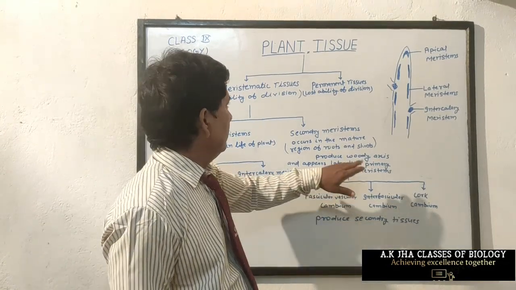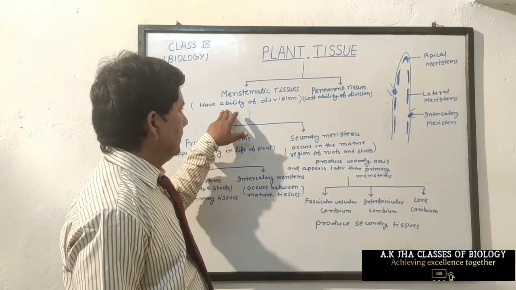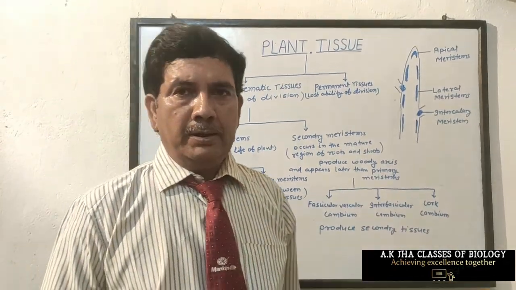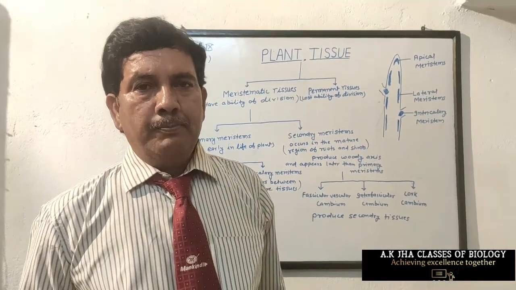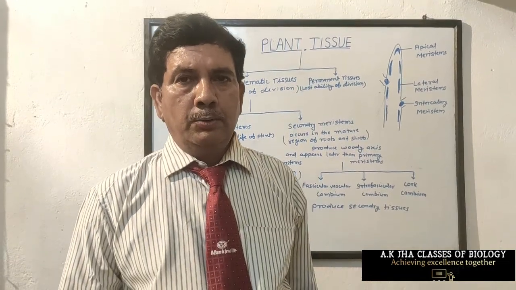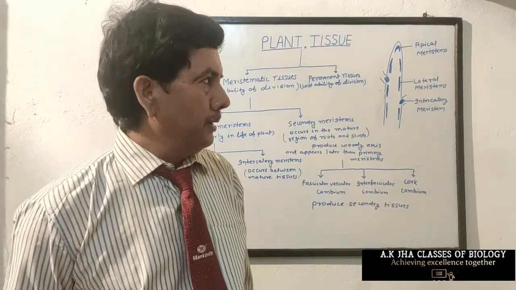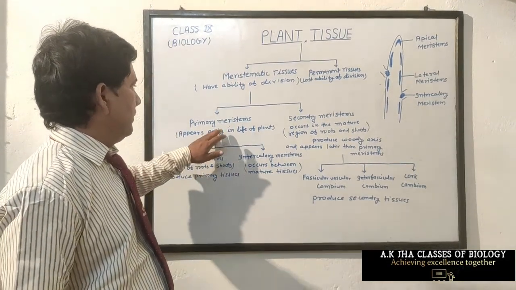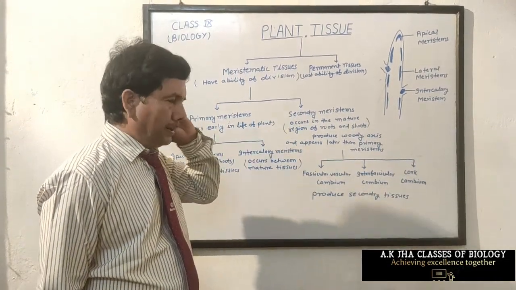So once again we define these tissues. Meristematic tissues are those tissues which have the ability of division, and permanent tissues are those tissues which have lost the ability of division. Meristematic tissue is of two types, primary meristems and secondary meristems.